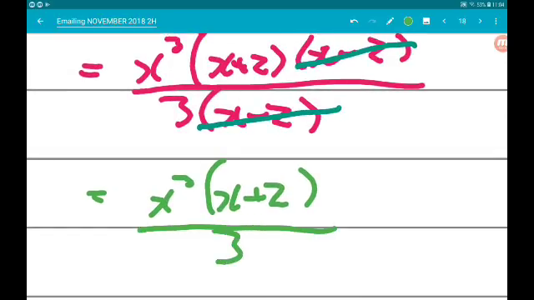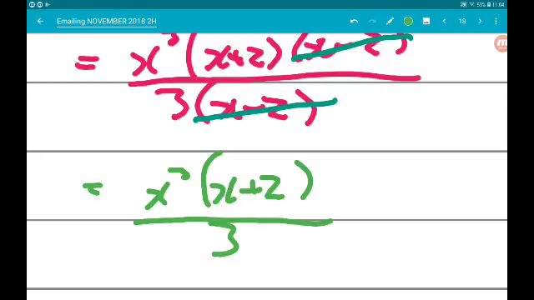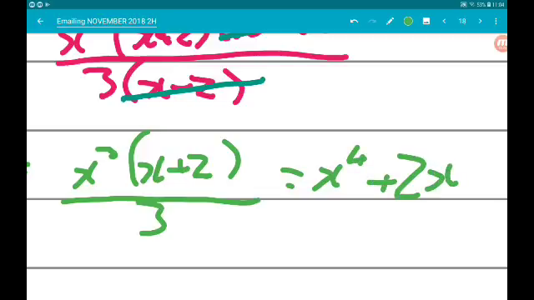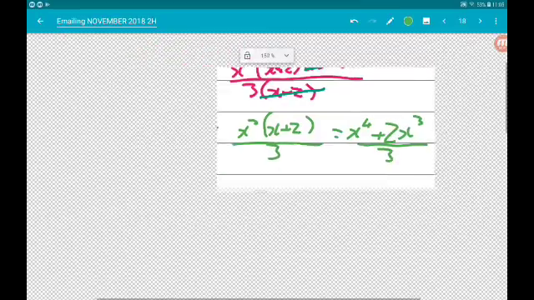Now that really should be fine, but we could expand the top and say it's x to the 4 add 2x cubed all over 3. Nothing else we can do.